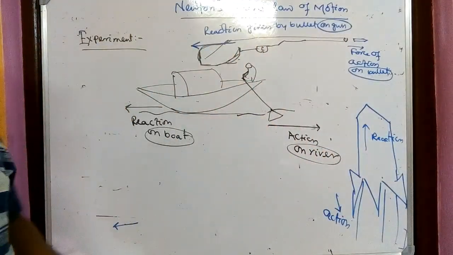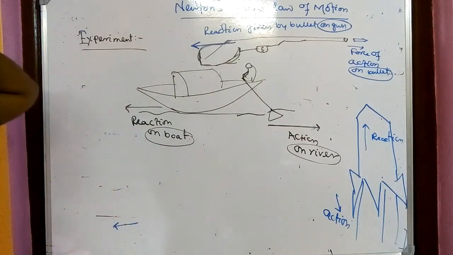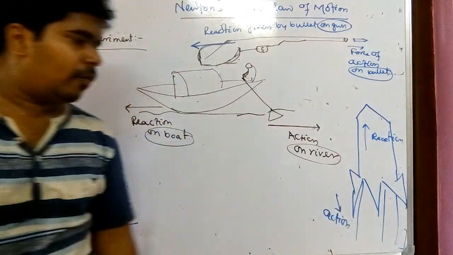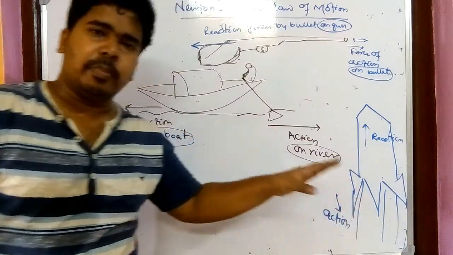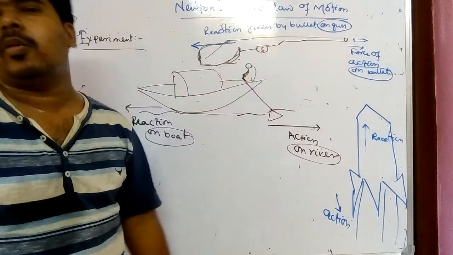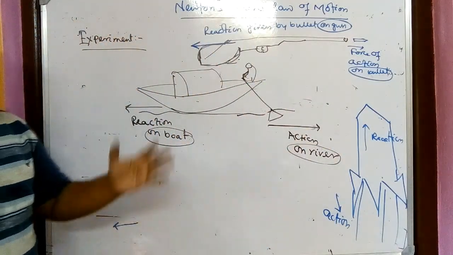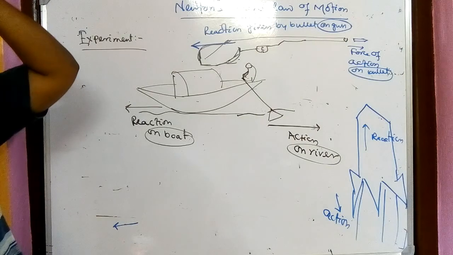You have also seen that whenever a rocket is launched, a huge amount of fire is seen beneath the rocket. That means the force is applied on the ground, so that the reaction force comes to the rocket, so that the rocket can move upward.